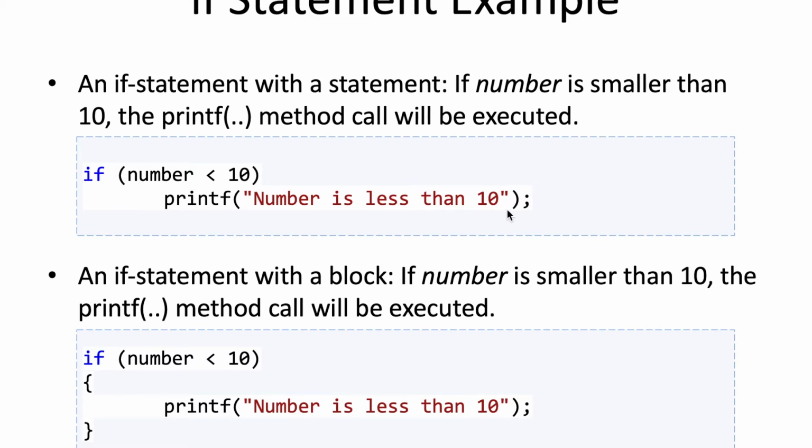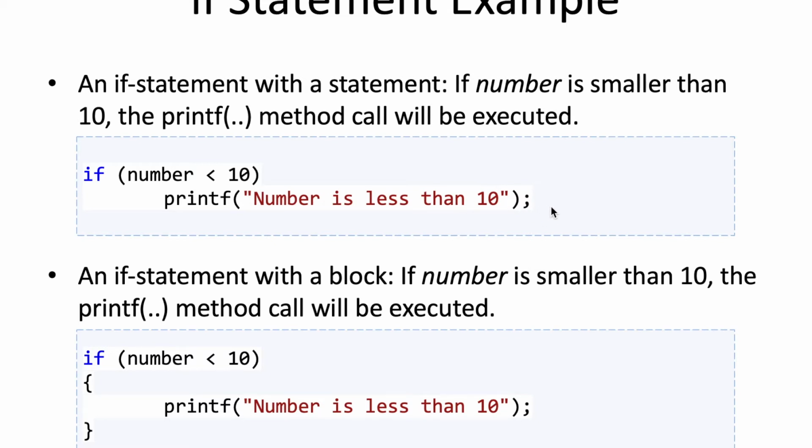Let's assume the number has a value, for example 5. Is 5 less than 10? It should be true. If it is true, the printf will print out that the number is less than 10.